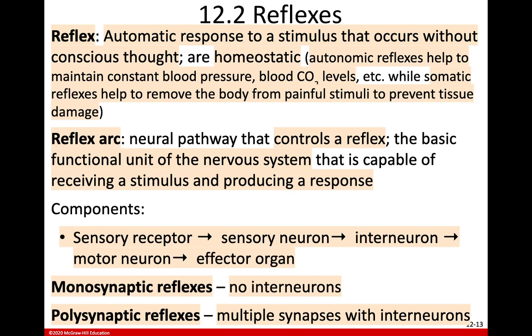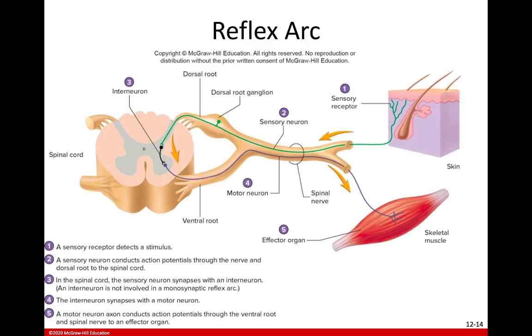With polysynaptic, you have more than one synapse. You have a synapse of the sensory neuron with the interneuron, and then a synapse of the interneuron with the motor neuron. And again, you can have more than just those two synapses. You can have many interneurons and possibly many motor neurons being involved here.